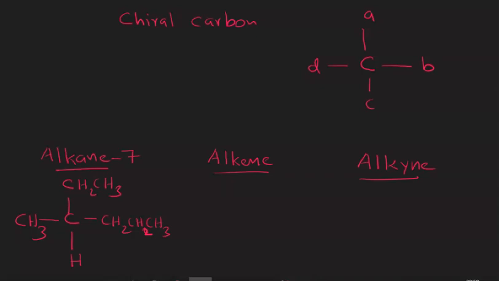So now we are moving on to alkene, the case of alkene. So I will draw a line here to separate these three hydrocarbons. For alkene, we follow the same procedure. We take carbon. Now first we can put hydrogen. Then we can put, of course, CH3.